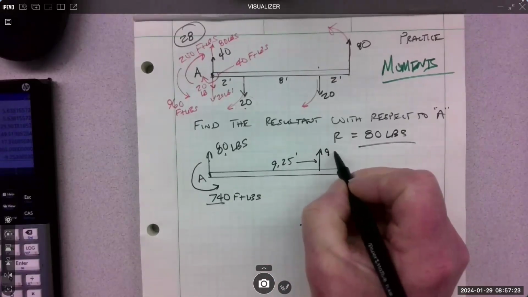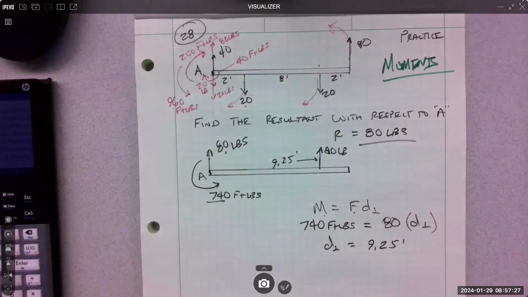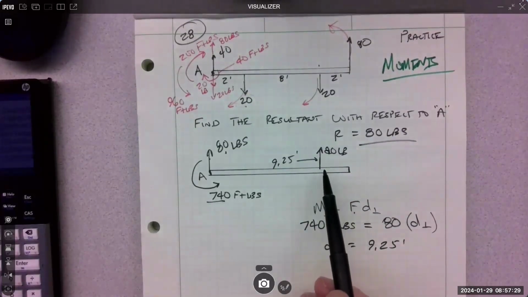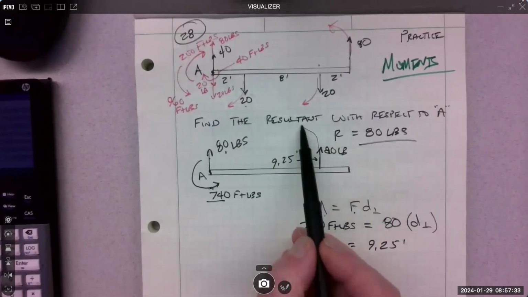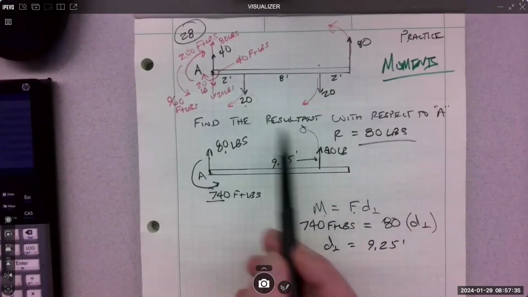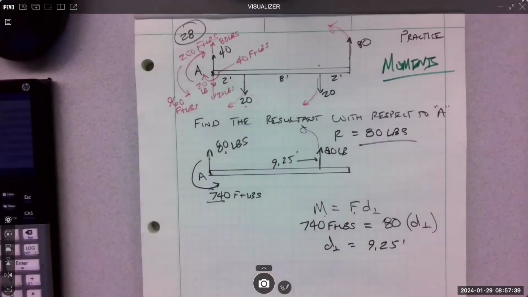And it is 80 pounds. Because that would create the same rotation as this. In other words, out here, about point A, it's going to be this same kind of rotation. So that's how I know it moves to the right and not to the left. There's no beam over here, so it kind of makes sense it moves right.